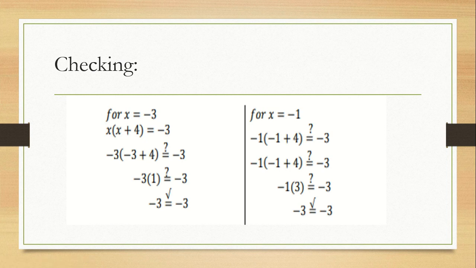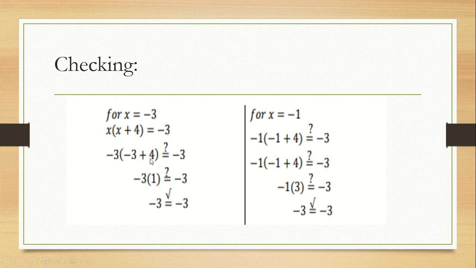To check if our answers are correct, we have these solutions. For x equal to negative 3, we have negative 3 times the quantity of negative 3 plus 4 equals negative 3. We simply substitute negative 3 for all x's in the equation.